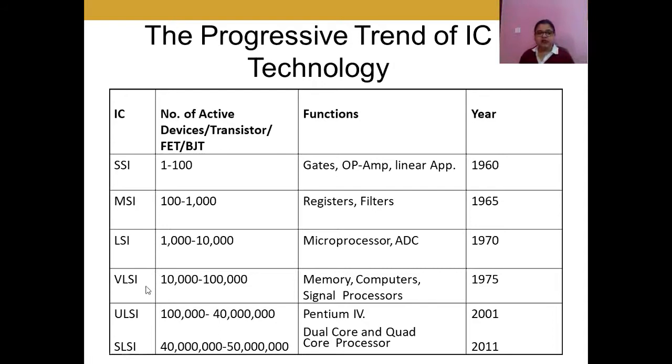With the inception of the VLSI, memory, computers, and signal processors came into the picture, meaning more advancement. Then with the ULSI, we come to the Pentium. Pentium 4 was the first made under the ULSI series. And then with the SI, dual core processors and quad core processors. Nowadays we are using Snapdragon and many others in the list. So in this way, we have increased the number of applications, or the implementations, with the increasing IC technologies.